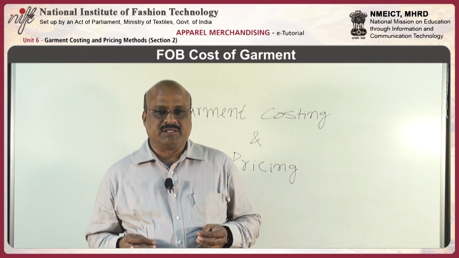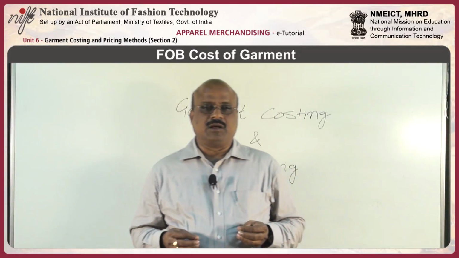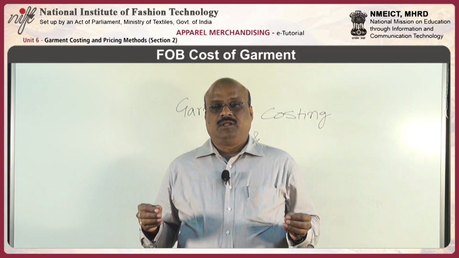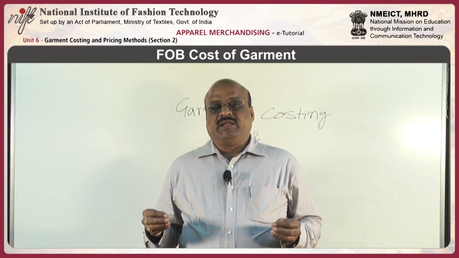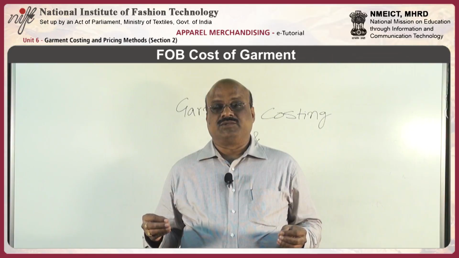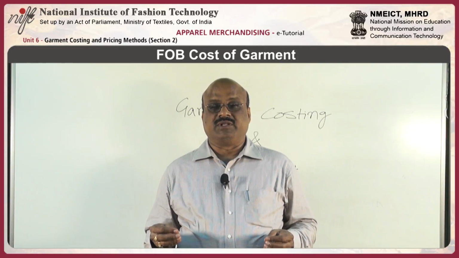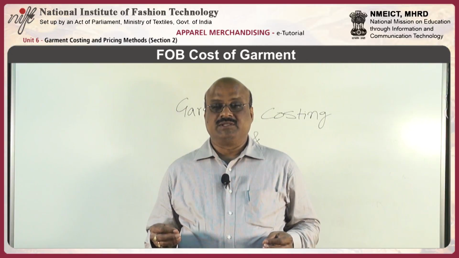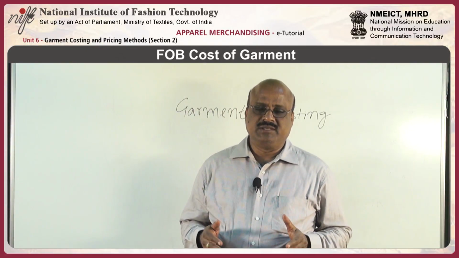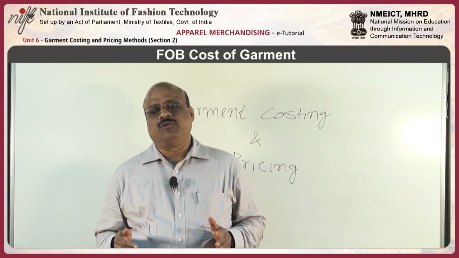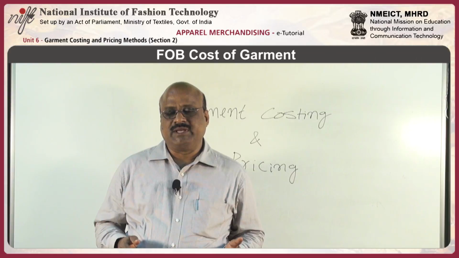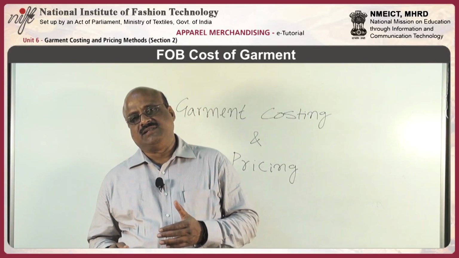Sourcing is a common practice globally in garment production and the garment business. The production merchandiser is playing the buyer's role in fabric and trim manufacturing. On the other hand, he or she plays the supplier role for the garment buyer. So that means a production merchandiser has a double role to play. For a garment buyer, he or she is the supplier. For a fabric supplier, she is the buyer.